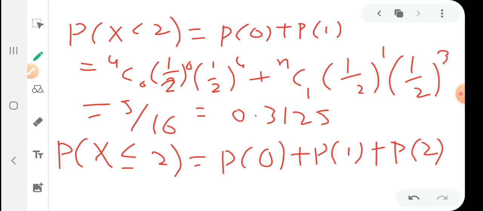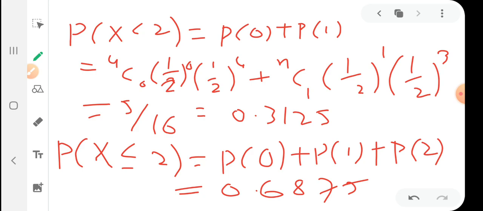There you may get the answer 0.6875. You just do it yourself, just one term gets added.